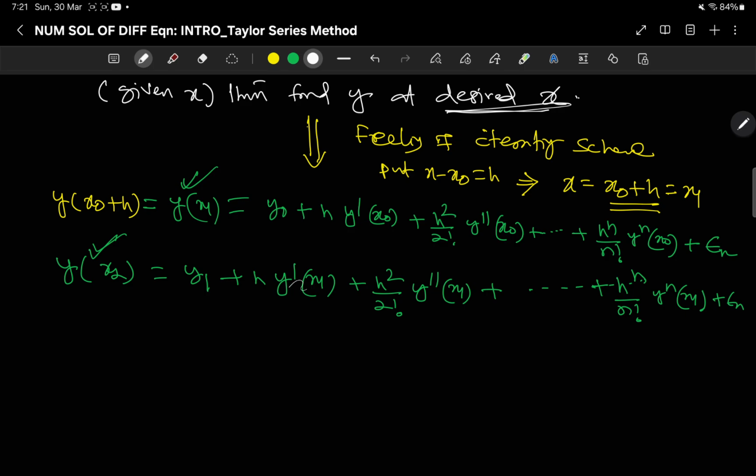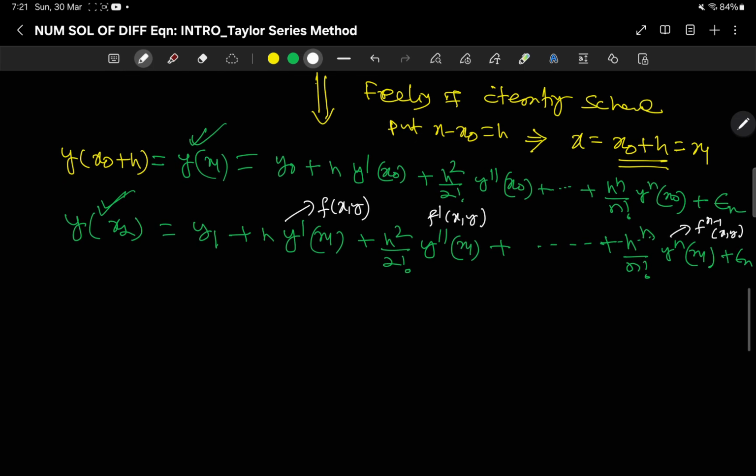You see now what is my y dash, it is f(x, y), so y double dash will be f dash (x, y), and y^(n) will be the (n minus 1)th derivative of f(x, y).